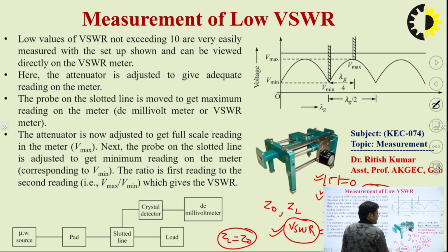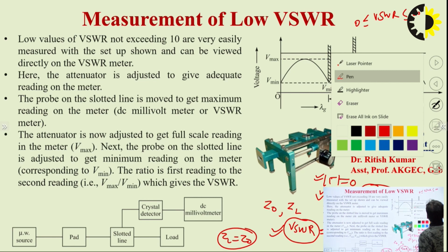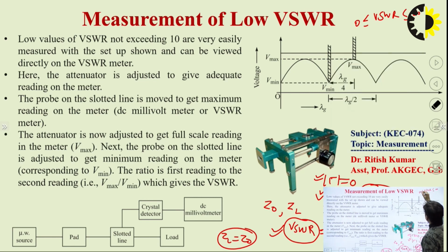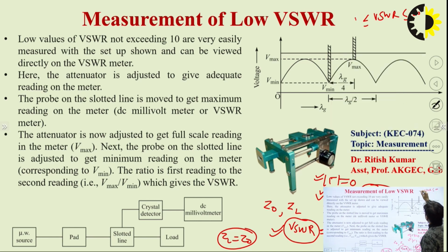So, in that case the value of VSWR is always equal to 1. So, we can say the range of the VSWR lies between 0 to infinity. Sorry, this should be 1 to infinity, right?